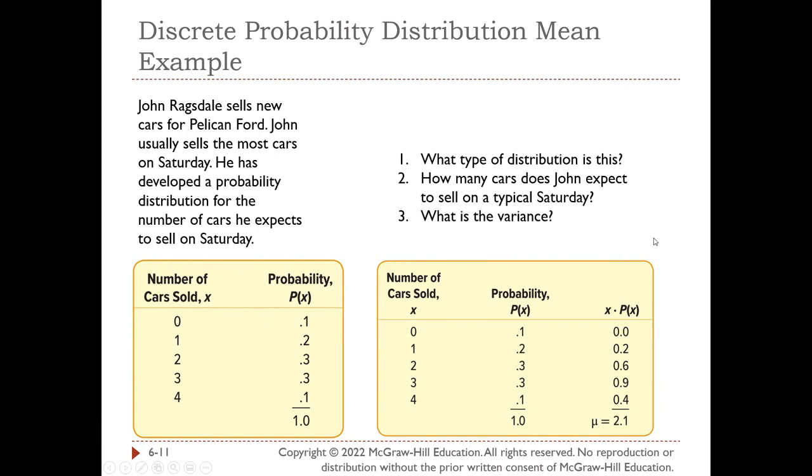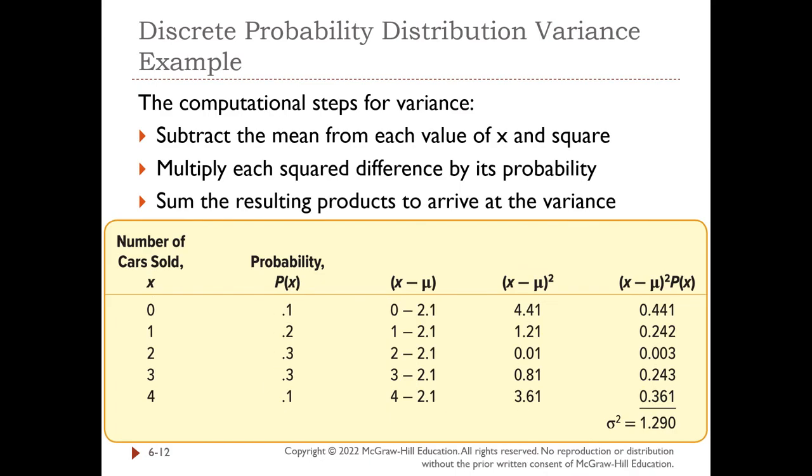Alright, so what's the variance? The same way that we computed before, when we were dealing with variances, we're going to subtract the mean, which is 2.1, from each value of x.